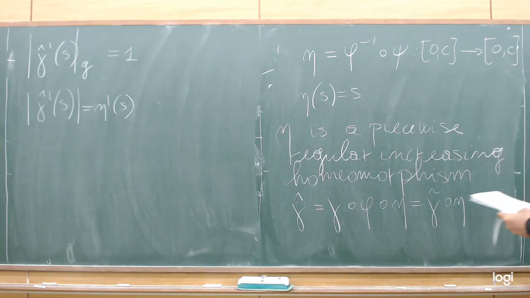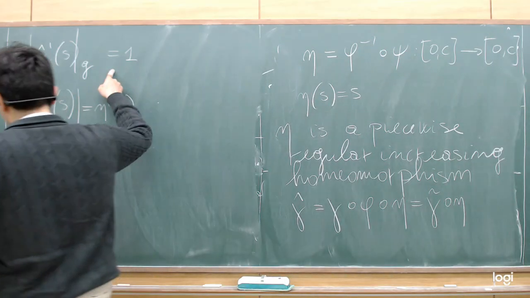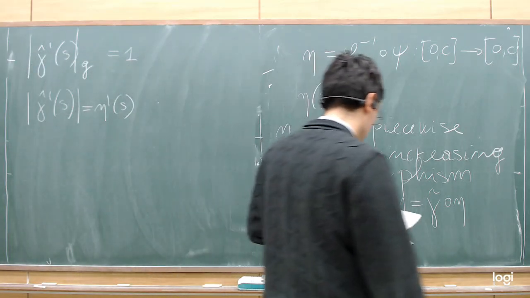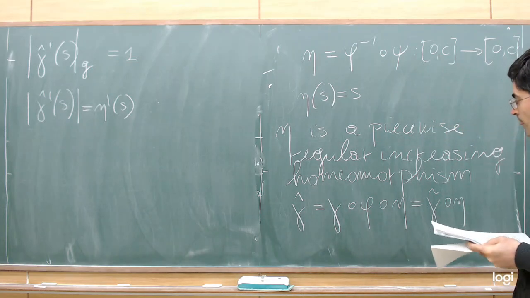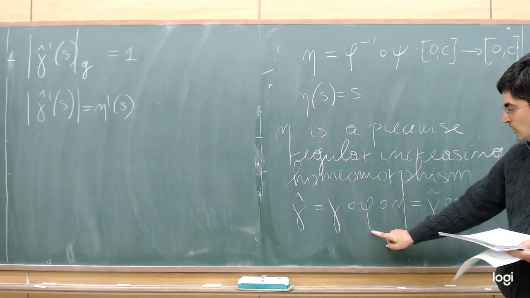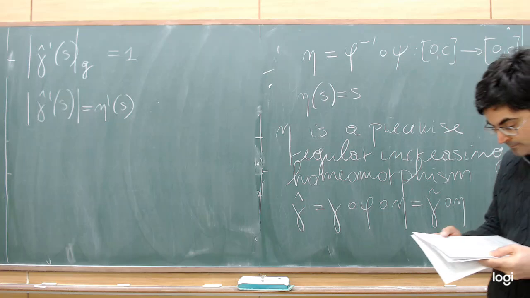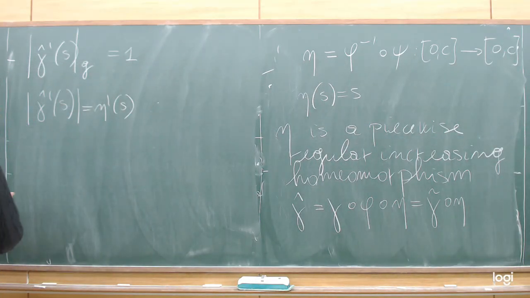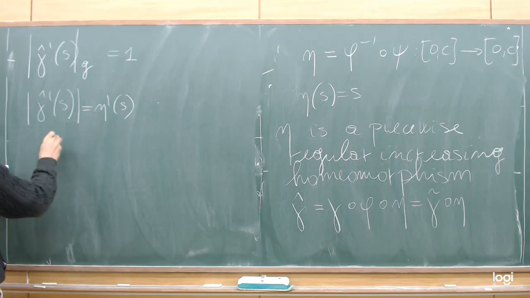The reason why this is equal to 1 is immediate by construction of phi and eta. Instead, this follows from a computation.